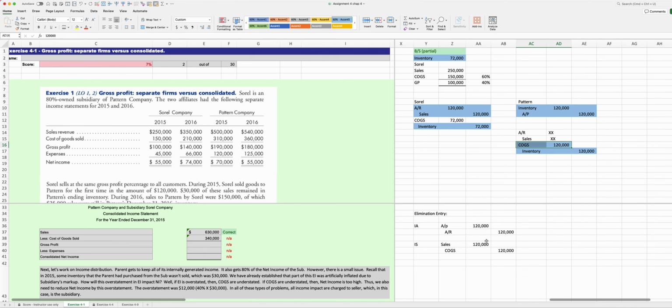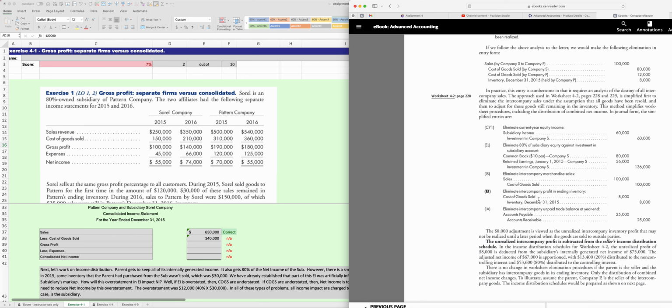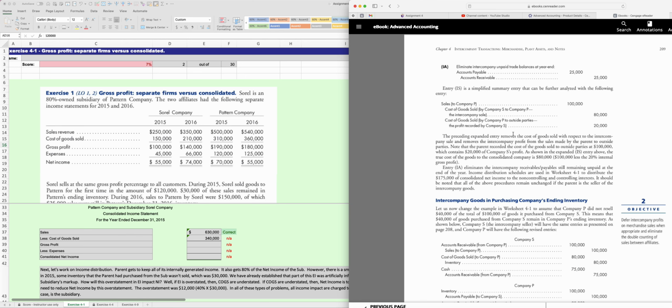There's a little bit more behind this, and you can take a look at the textbook. It kind of explains how the IS entry is actually an expanded form on page 209, where they typically talk about how the portion of sales for the intercompany sales, portion of that was the markup.